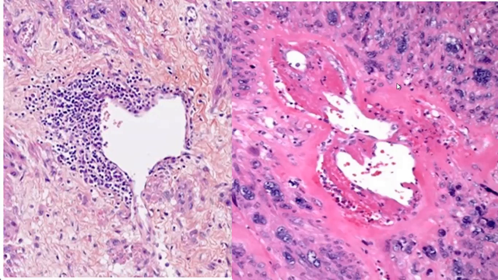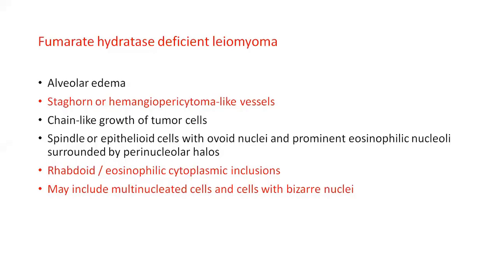And there are some other features such as staghorn vessels and a few other minor features which are present in fumarate hydratase deficient leiomyoma, which we will discuss further, but those features will not be present in the leiomyoma with basal nuclei.